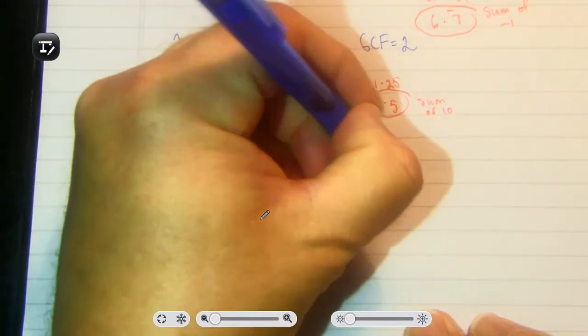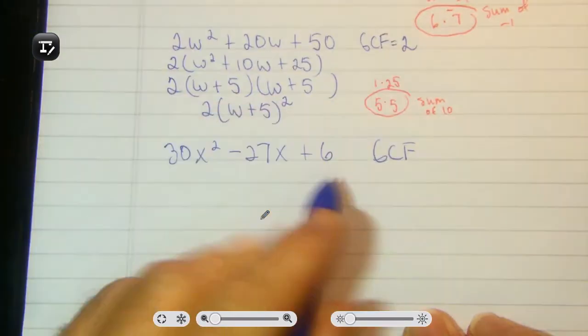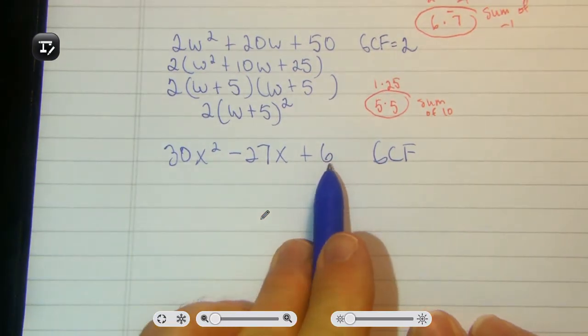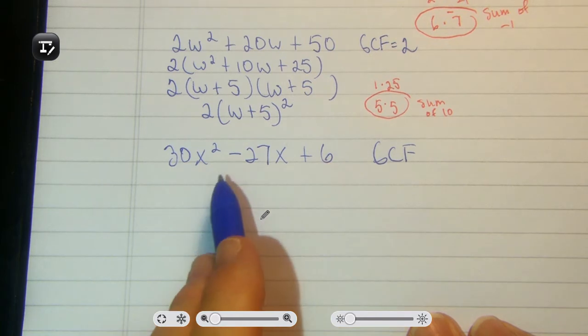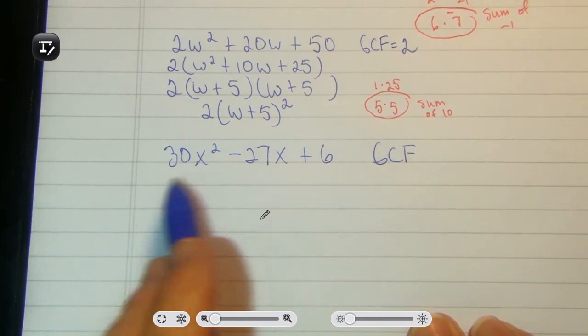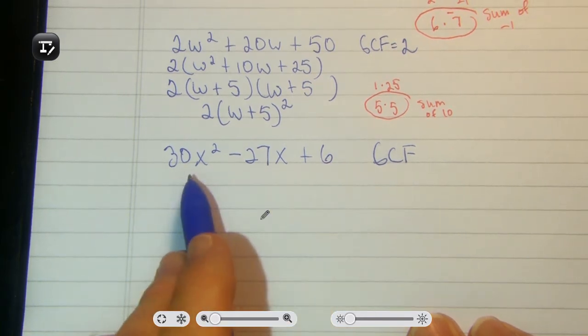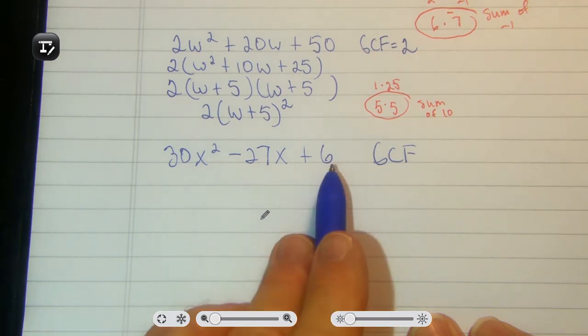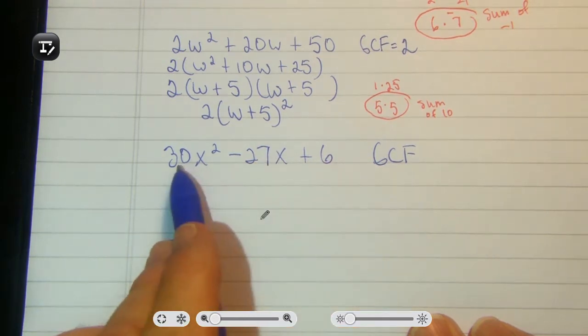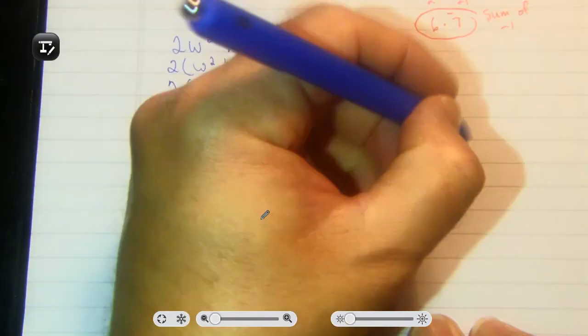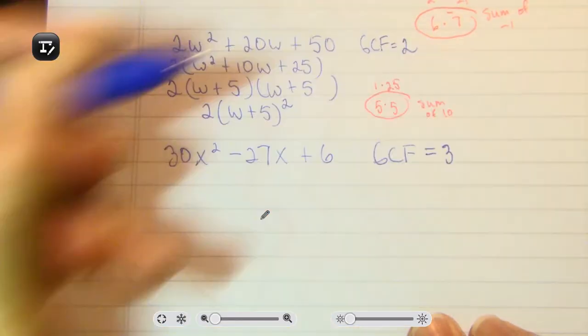Well, the GCF here, the smallest coefficient is 6. 6 won't divide 27, even though it will divide 30, but 2 times 3 is 6, and 3 is the next factor down. 3 would divide 6, 27, and 30. So my GCF here has to be 3.